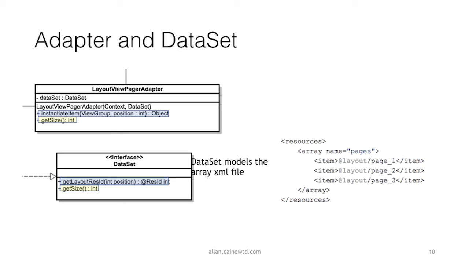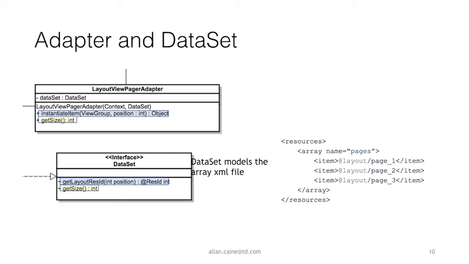If getSize is called, what will happen is that the PagerAdapter will simply delegate that work onto getSize in the dataset. In this particular case, for the instantiateItem, the PagerAdapter will be able to inflate the view. However, it needs to know which view to inflate.